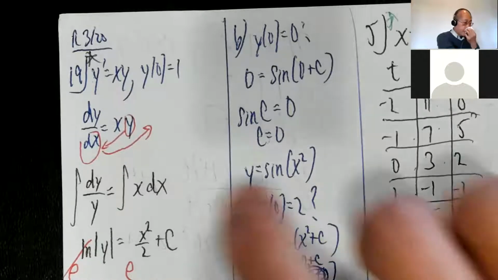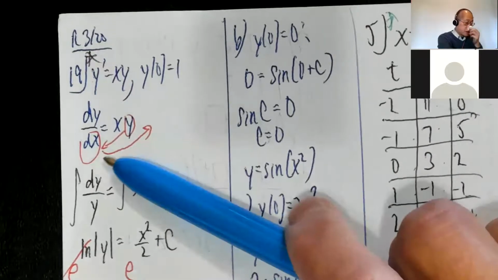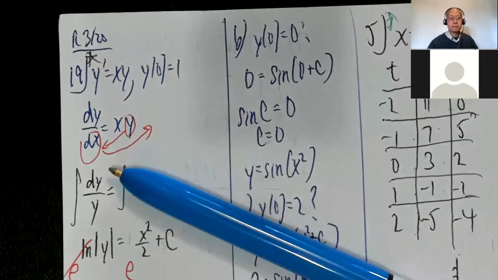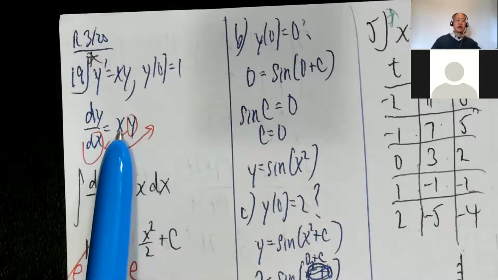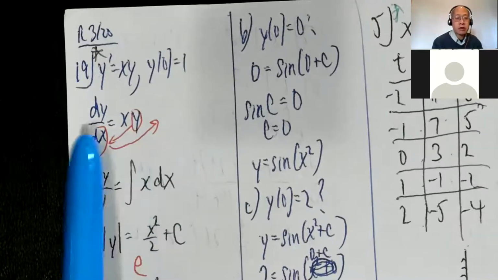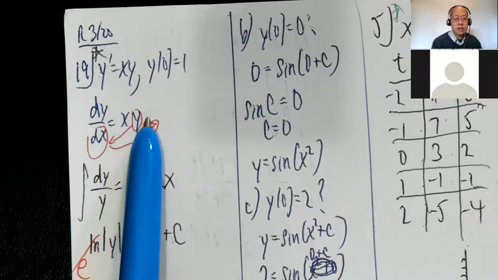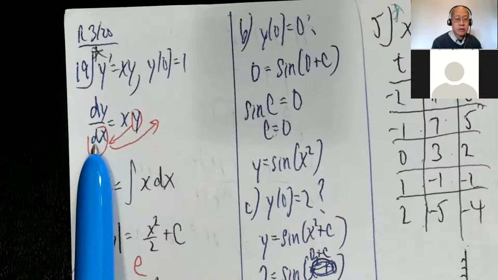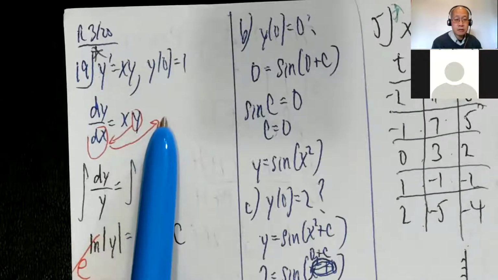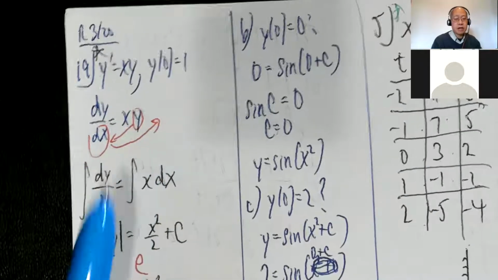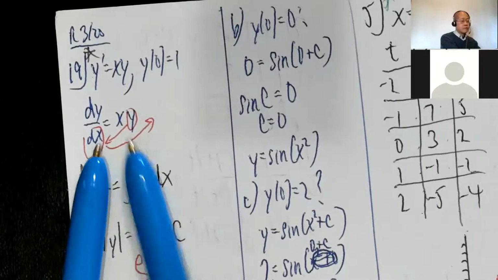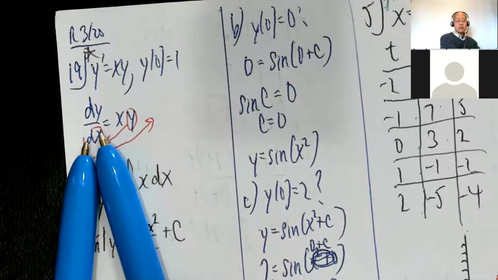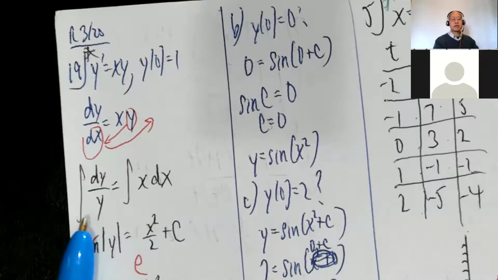Okay, so y prime, write it as dy dx equals x times y. Then I separate, having all the y's on one side and the x's on the other. Multiply both sides by dx, that means it comes up. Divide by y, it comes down. So dy over y equals x dx. Integrate both sides.